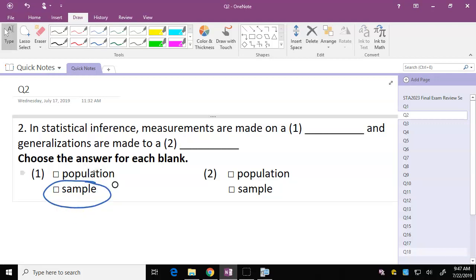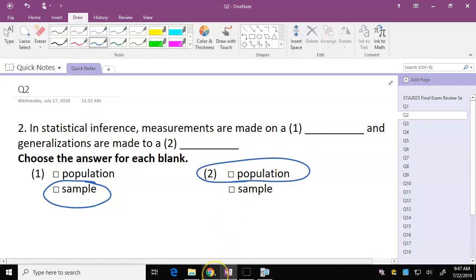Generalizations are made about your population. We're finding measures with a sample. And then, absolutely, that's right. You take the sample, you find some measurements, and then from there, we make generalizations about what's going on as a whole, overall. Okay? And that was coming from 7.1.